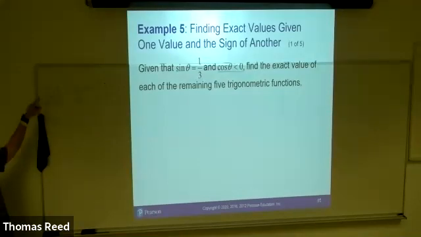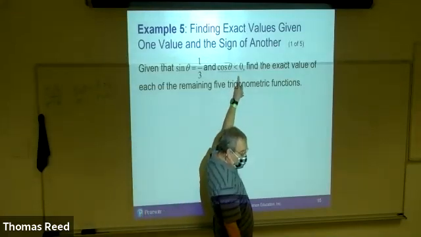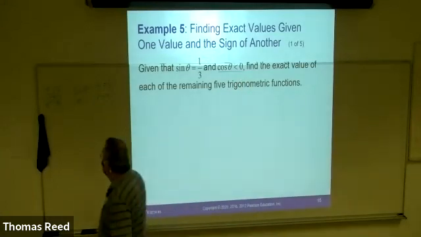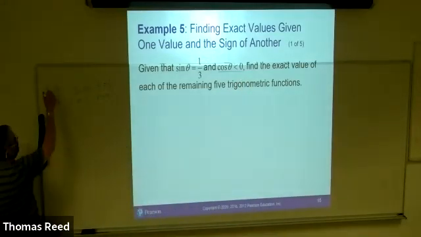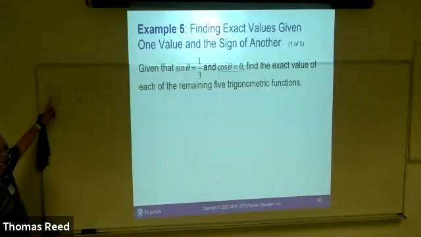So knowing that tells me that cosine is going to be negative. So that means tangent is going to be negative, because we're talking about this quadrant up here, where sine is positive and cosine is negative. So sine and cosecant will be positive, and the rest of them will be negative.